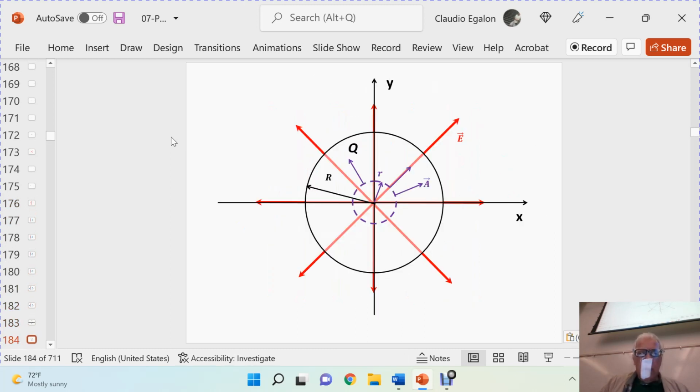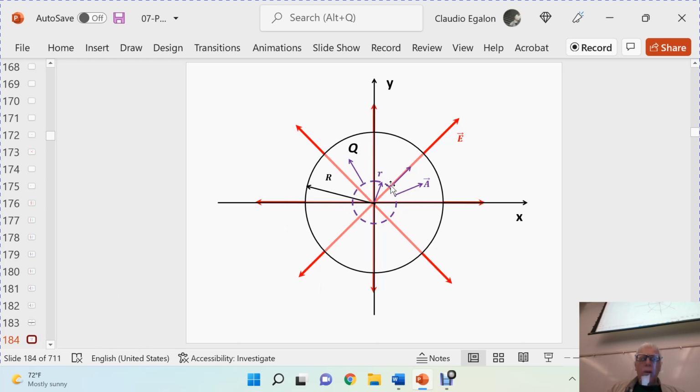Okay, so here's my cylinder along the z-axis, radius r, and here's the Gaussian surface.